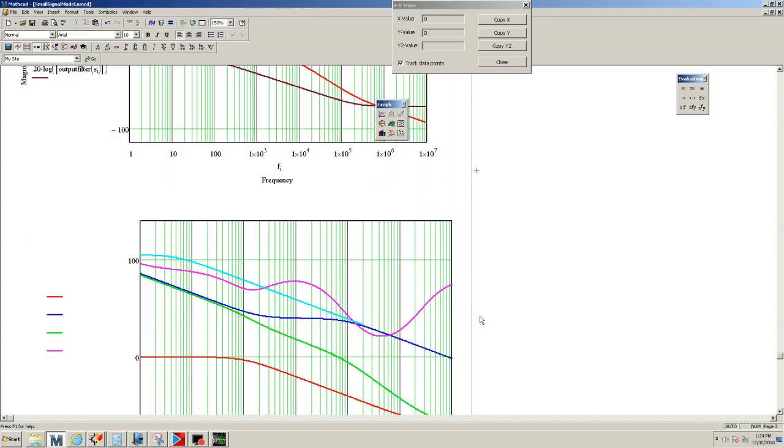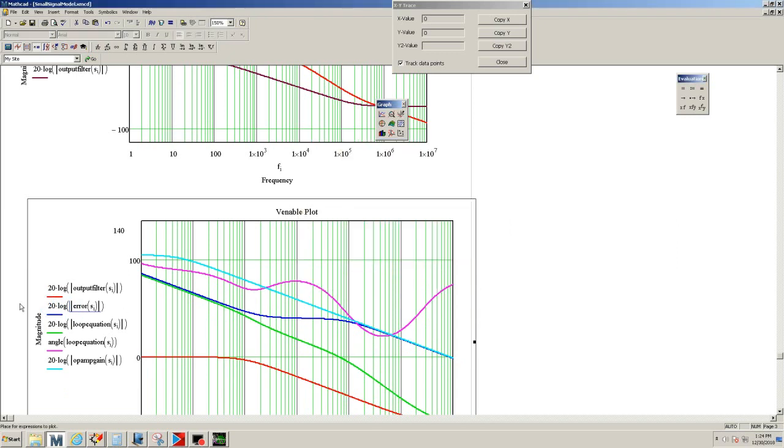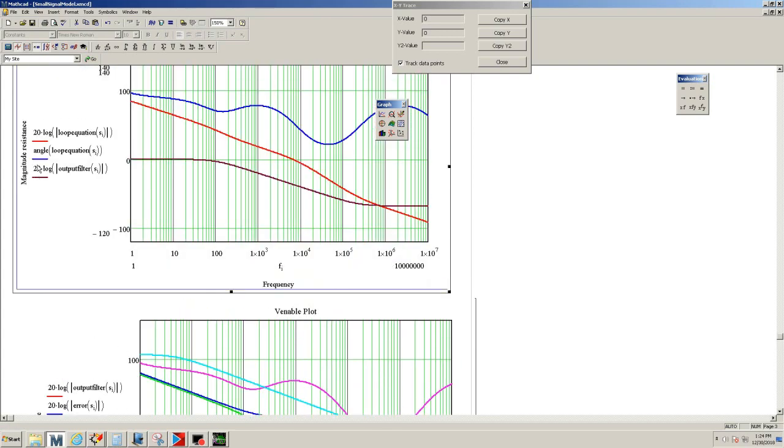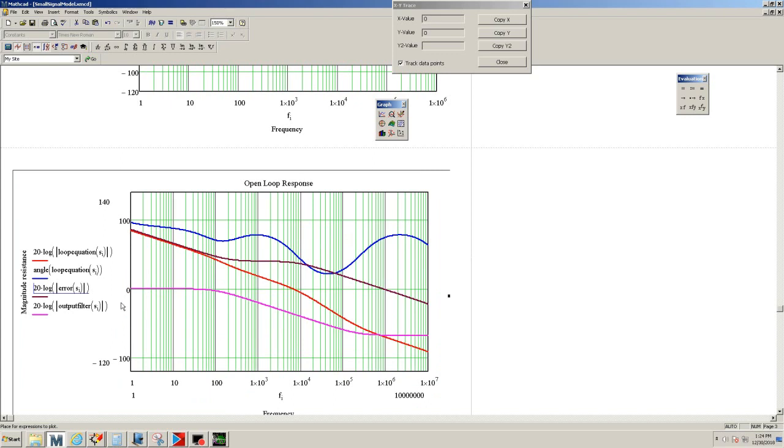Plus you can also show it here because this is getting a little busy. I'll go ahead and copy it and put it over here. Maybe do the comma paste. Okay, so now you can see the error amp. This is the error amp, the black one.